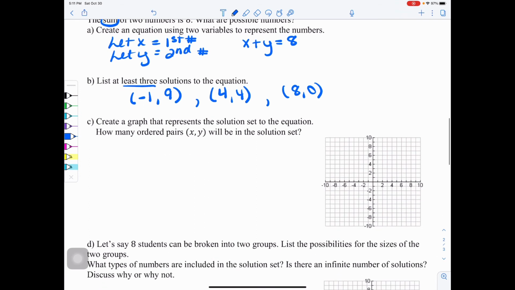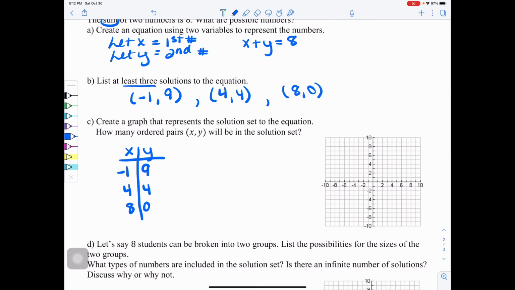In part C, we're going to create a graph that represents the solution set to the equation. How many ordered pairs x, y will be in the solution set? So we'll take our 3 coordinates that we had and organize them in a table like we did before. So I have -1, 9, 4, 4, and 8, 0.